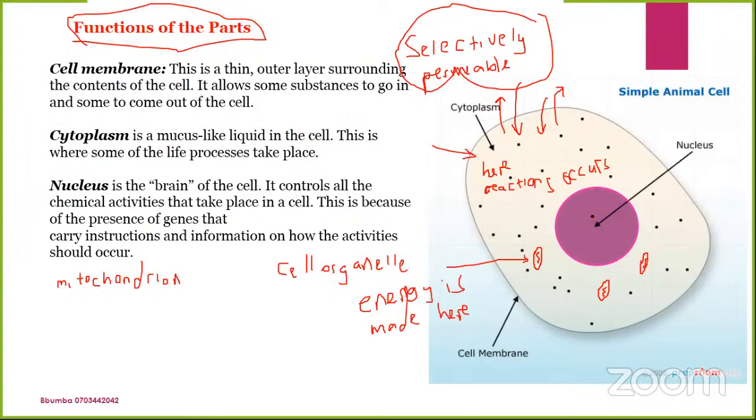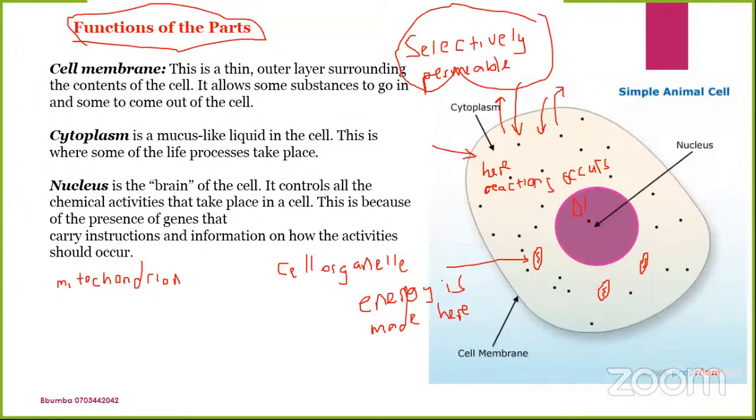Now, this large nucleus is the brain of the cell. It controls all the activities within the cell. All the activities are coordinated here by the nucleus. Secondly, it holds DNA. So DNA is found here inside the nucleus. I think you guys have heard of DNA.